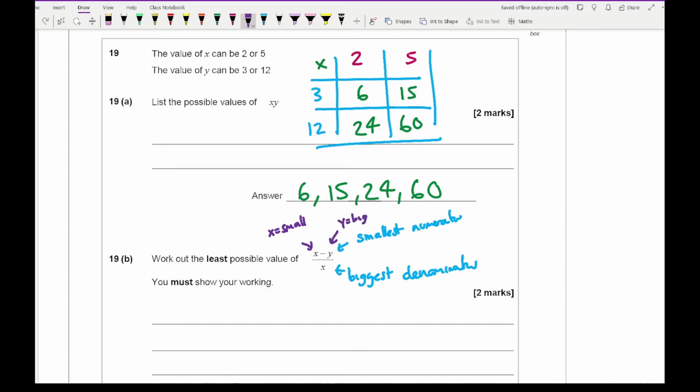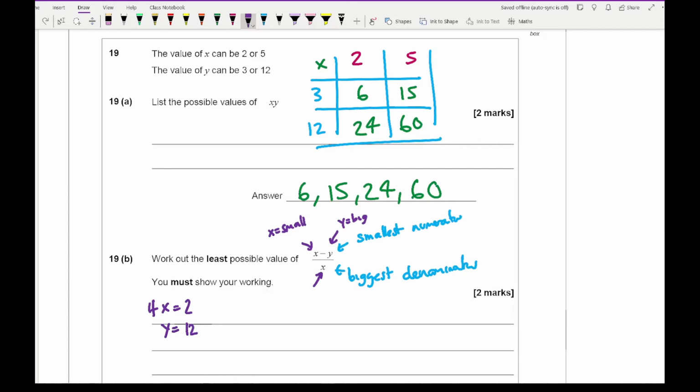And for the denominator, x needs to be the same. So here we just need to mess around with the numbers.